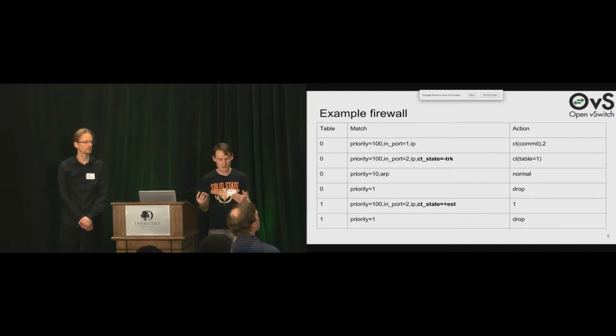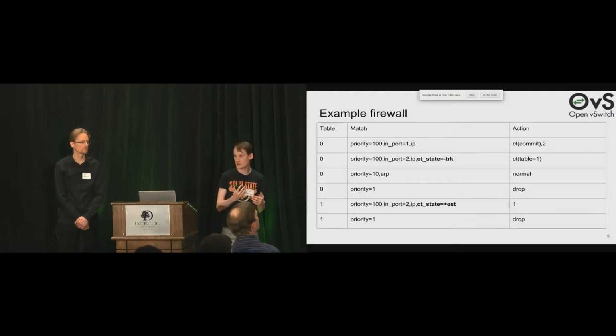Then when the traffic from the reply direction comes, the first thing we'll do is match on this CT state is not tracked. So it hasn't been through the connection tracker yet. And we'll pass that traffic to the connection tracker, recirculating to table 1. The second to bottom flow here in table 1 would then match on, again, the in port, or it could be other fields, and the CT state to say this is an established flow.